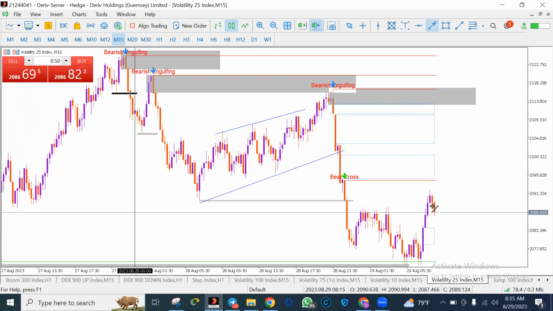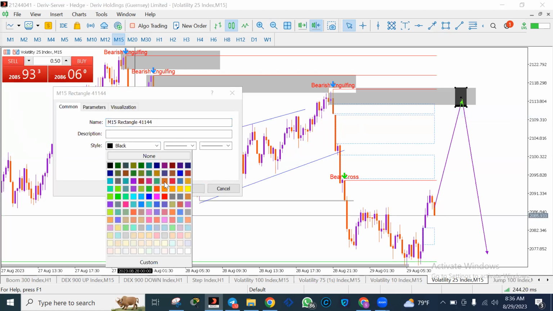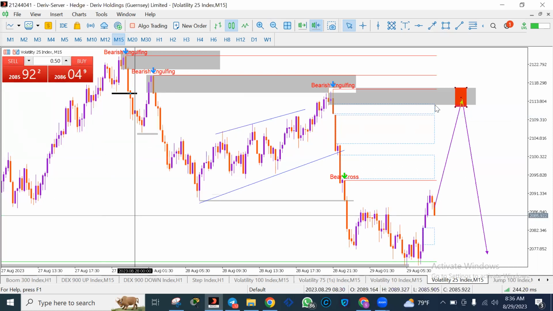And so we are saying if price gets to this point in volatility 25, all we need to do is look for a bearish candle here. But take note, if a bearish candle forms here and it goes above this box, don't enter the trade.